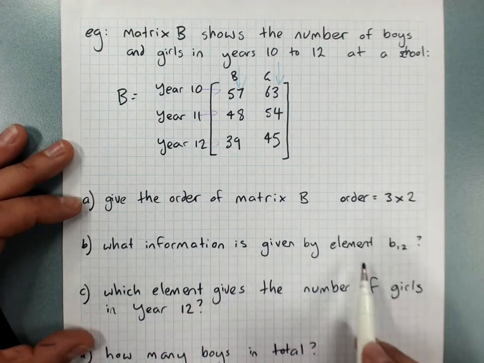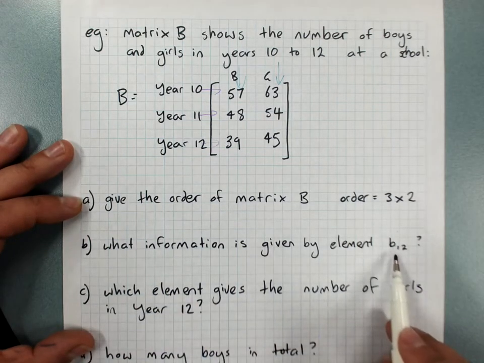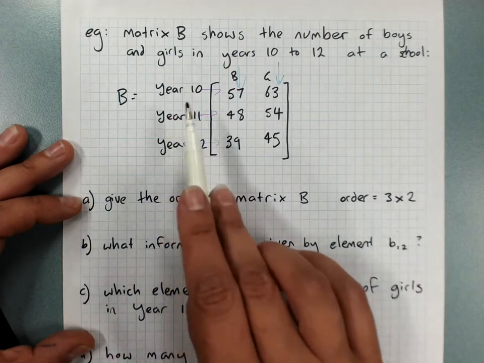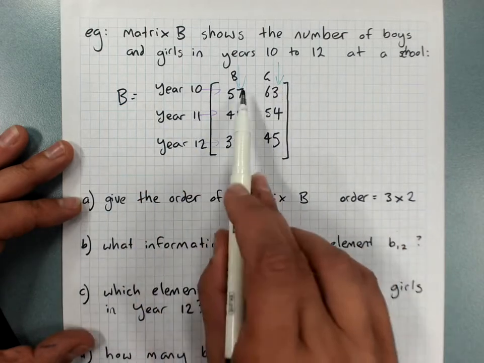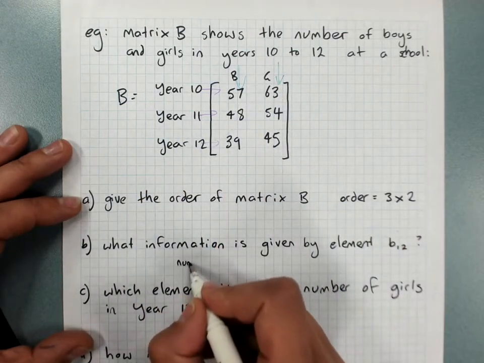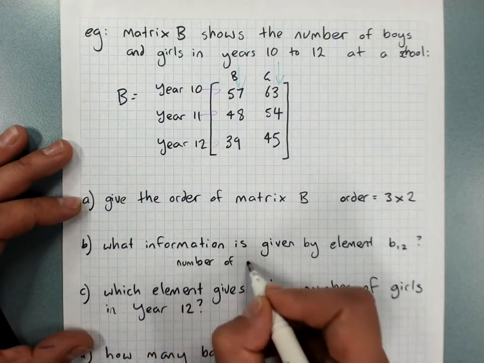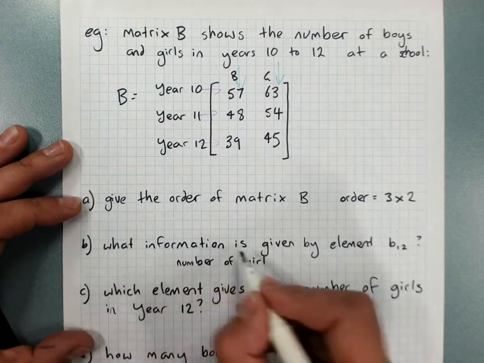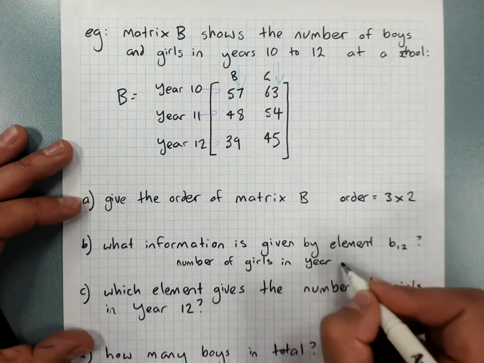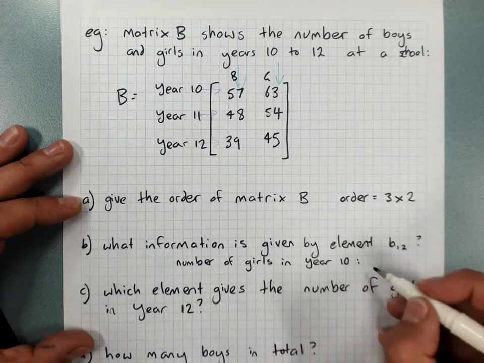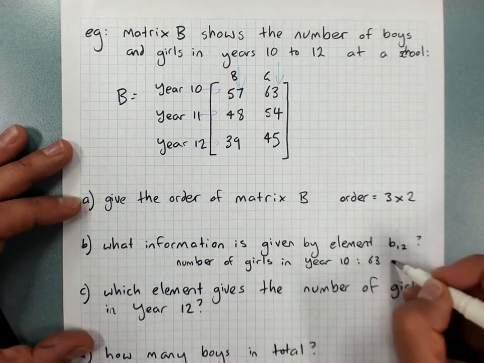What information is given by element b_12? Row 1, column 2, the number of girls in year 10. Because they asked what information, not what number. And we could also say 63 girls in year 10.